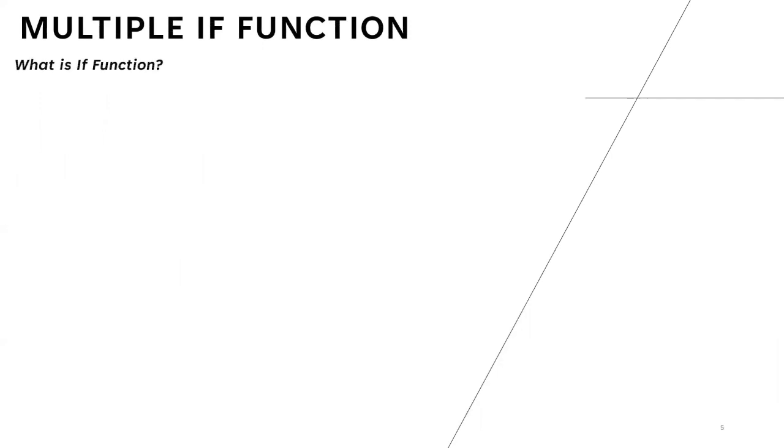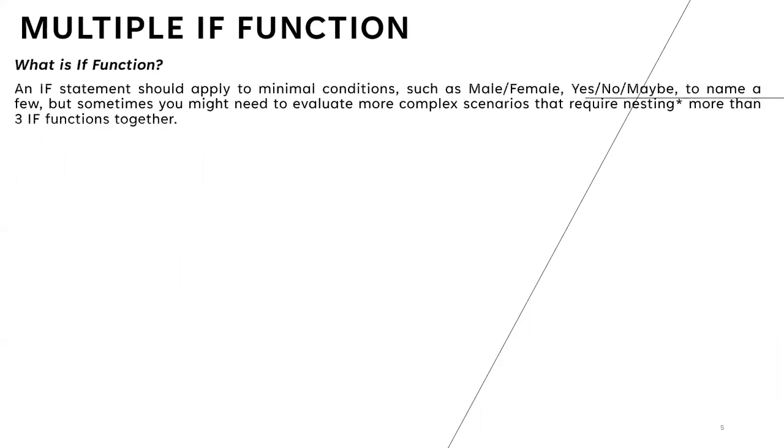Moving further, multiple if functions. So we know what the if function is, right? An if statement should apply to minimal conditions such as male or female, yes, no, or maybe, to just name a few. But sometimes you might need to evaluate more complex scenarios that require nesting more than three if functions together.